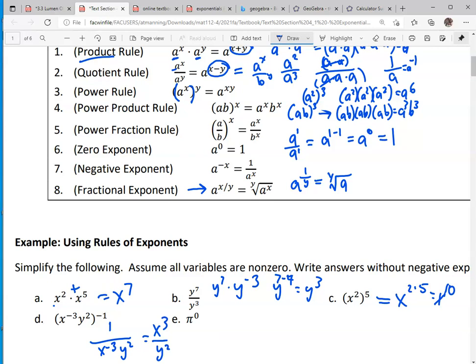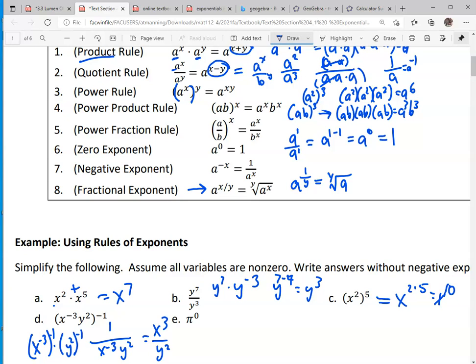I could have done it a different way, using a combination of these two rules. I can say x to the negative 3rd to the negative 1 times y squared to the negative 1.